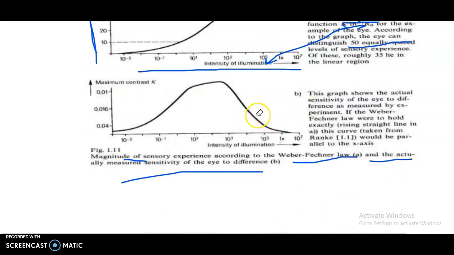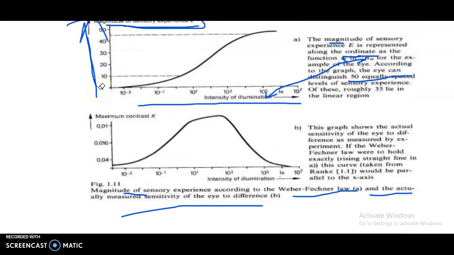In figure B, the magnitude of maximum contrast against intensity of illumination: here some linear, here a bell-shaped curve, up to linear, then constant.